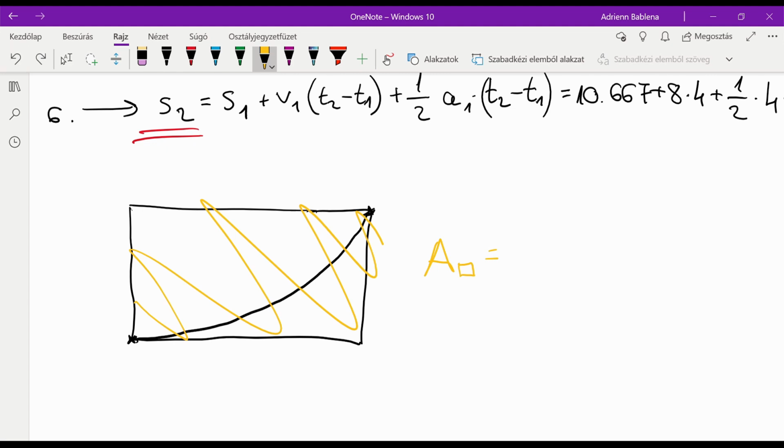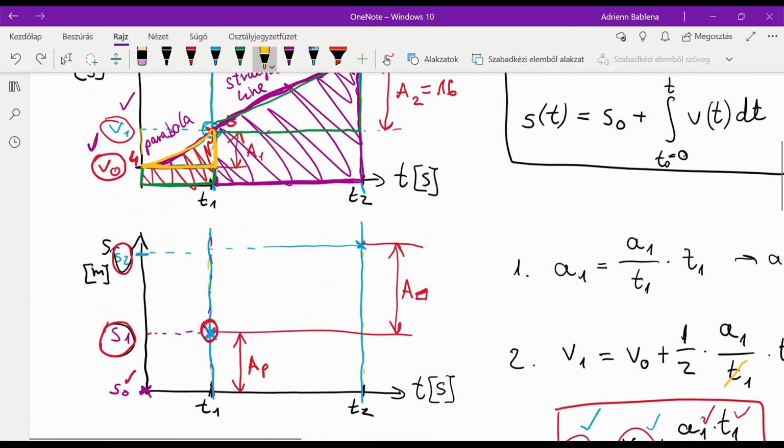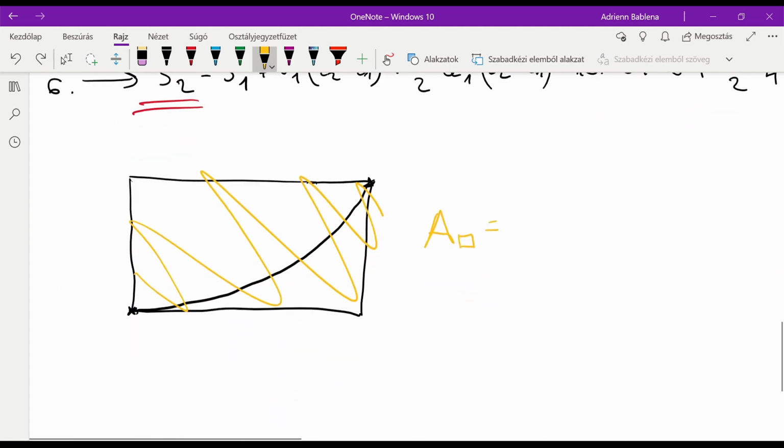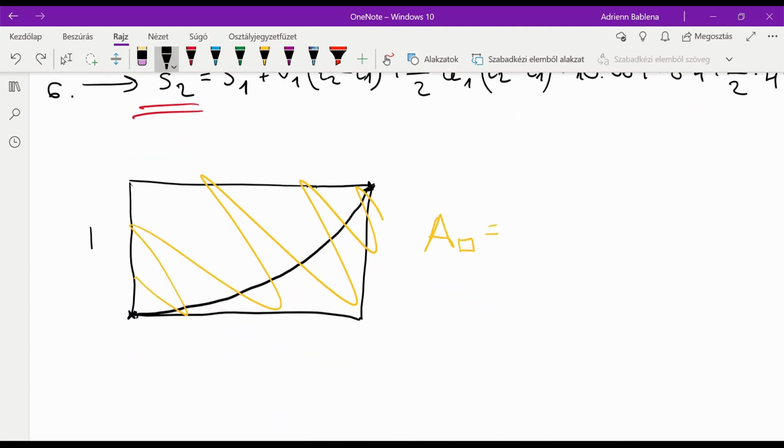Let's write in general, for example, B and C. I don't want to write A because you can mix it up with the acceleration. The area of the rectangle is B times C.